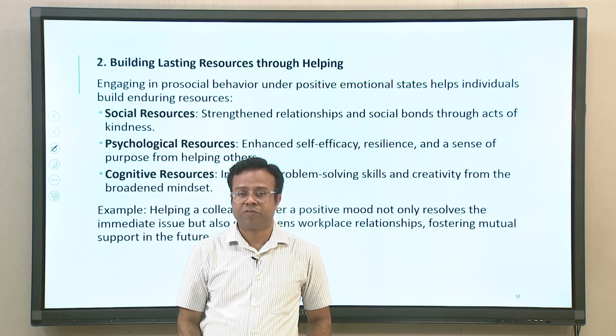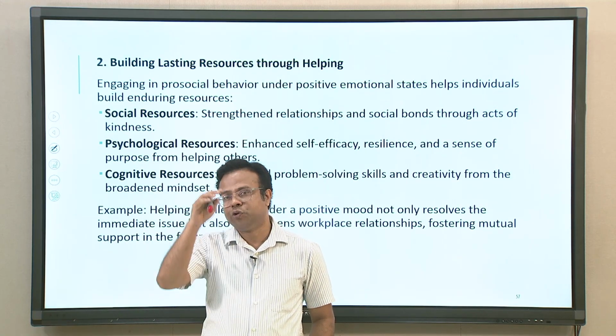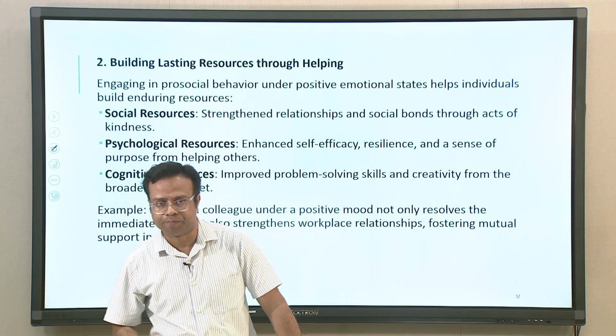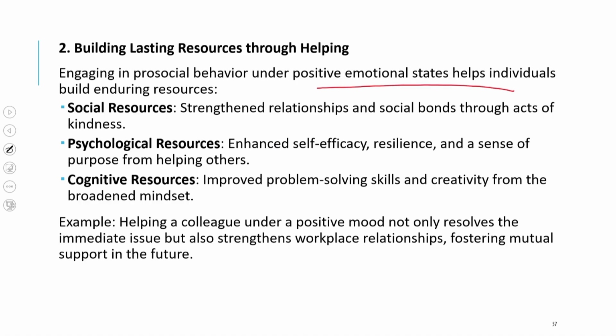The second important aspect of this theory is that positive emotion builds resources, which may ultimately lead to more helping behavior. Engaging in prosocial behavior under a positive emotional state helps individuals build enduring resources. Positive emotion builds social resources, strengthening relationships and social bonds through acts of kindness.